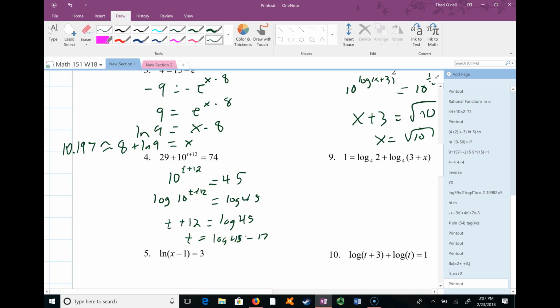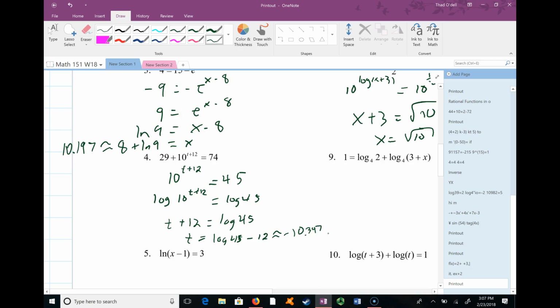And that is a good answer, but I can throw it in my calculator and get an approximation also, so I'll do that. Log of 45 minus 12. So we get approximately negative 10.347.